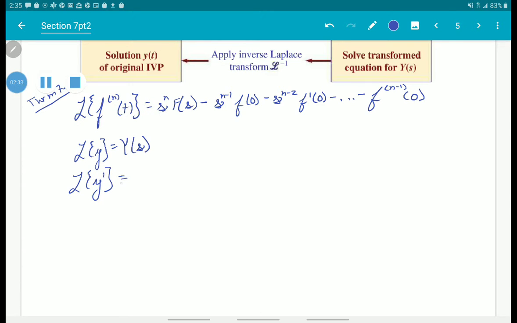So we're going to have s to the first times our function, I'm going to call it Y of s, minus s to the 0 times f of 0. So I'm going to simplify that just a little bit. That's s Y of s minus f of 0. So notice you've got to have f of 0 to apply this.